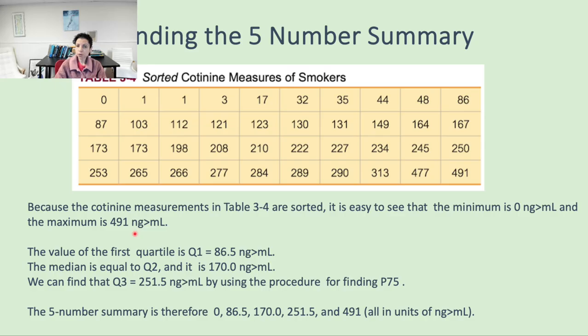And then our third quartile is our 75th percentile, and that's 251.5. 251.5 is halfway between 250 and 253. So those are our 5-number summary: 0, 86.5, 170, 251.5, and 490.